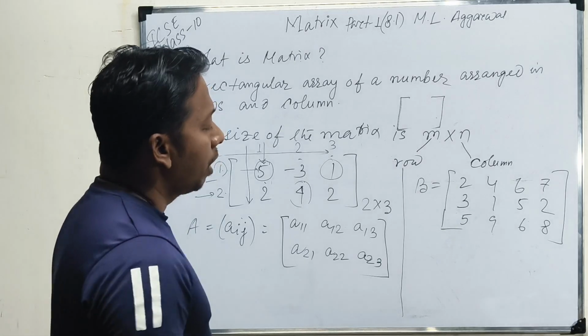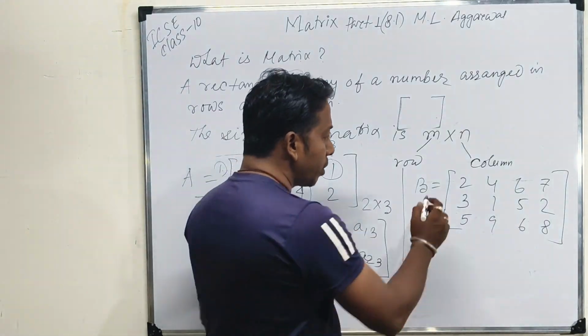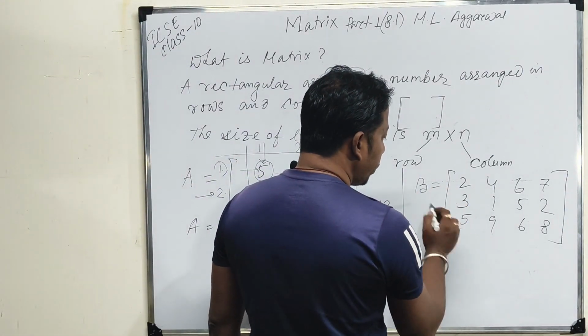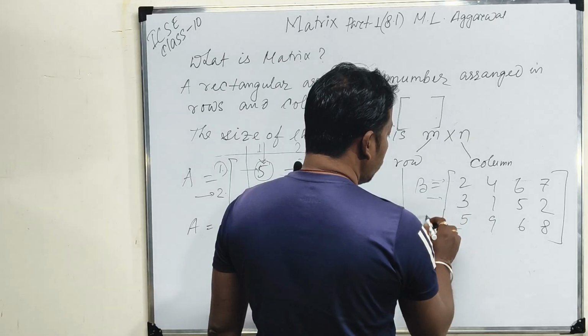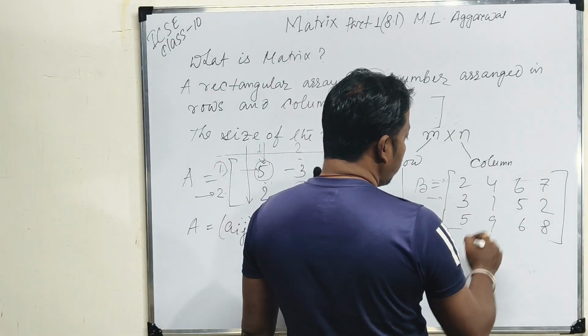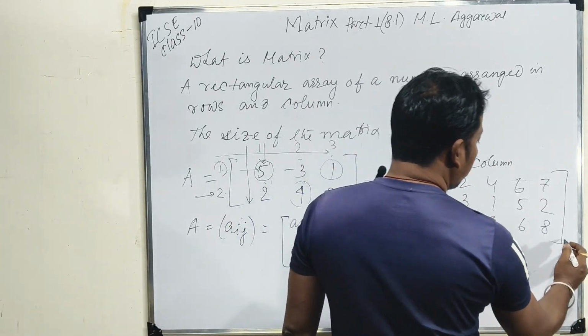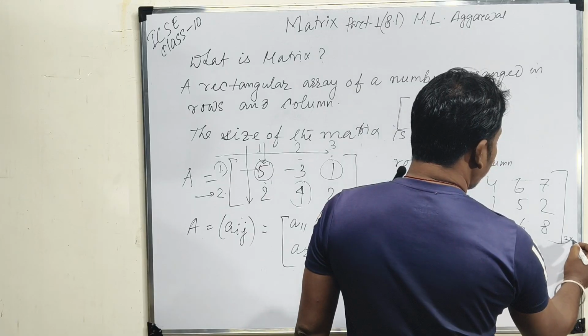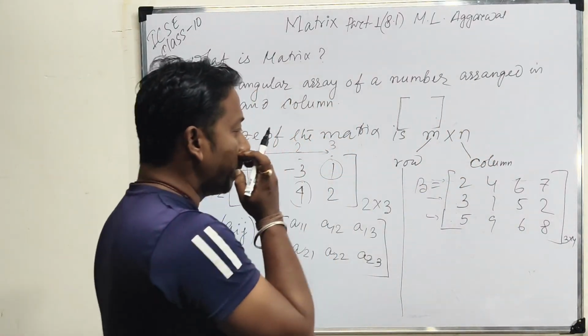Here, how many rows are there? The number of rows is 1, 2 and 3. And how many columns? 1, 2, 3, 4. So the size of the matrix is 3 cross 4, or a 3 into 4 matrix.